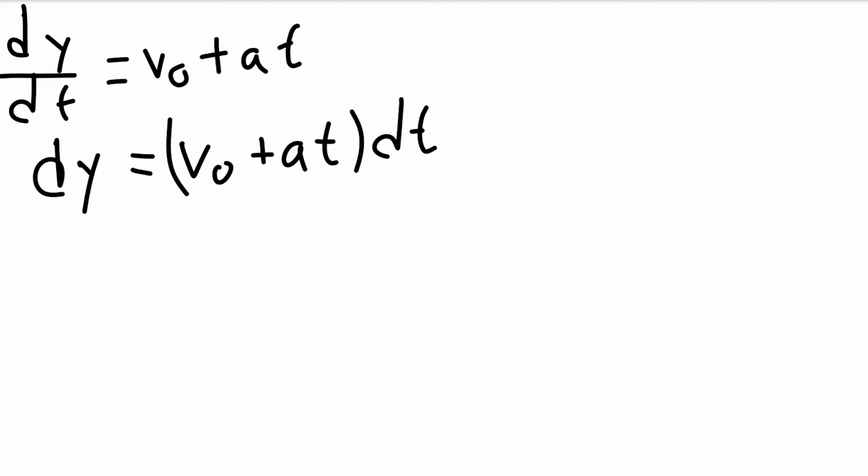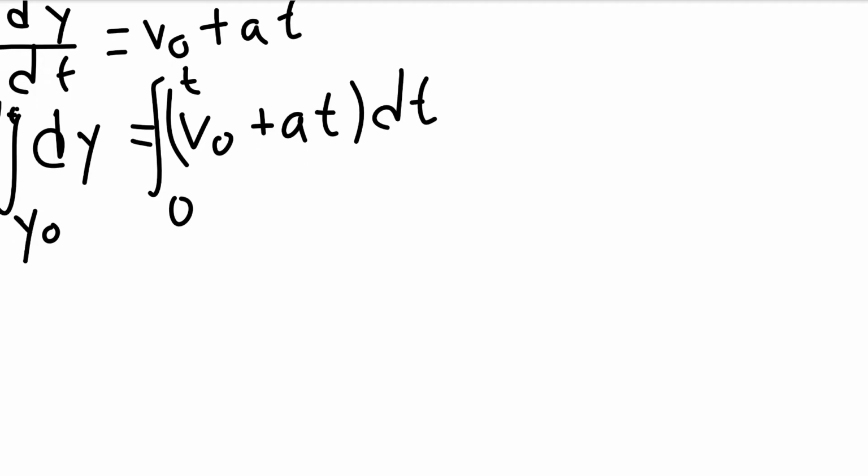We're going to integrate the left-hand side from some initial position to some position as a function of time. And we're going to integrate the right-hand side from 0 to t again. And in doing so, we get our second equation of motion.